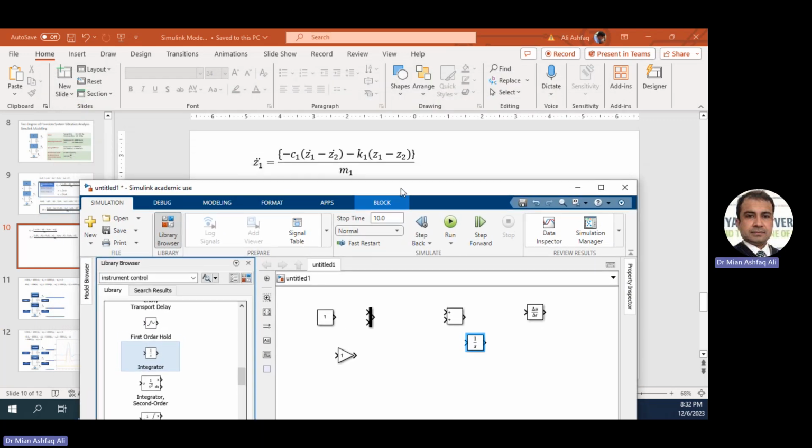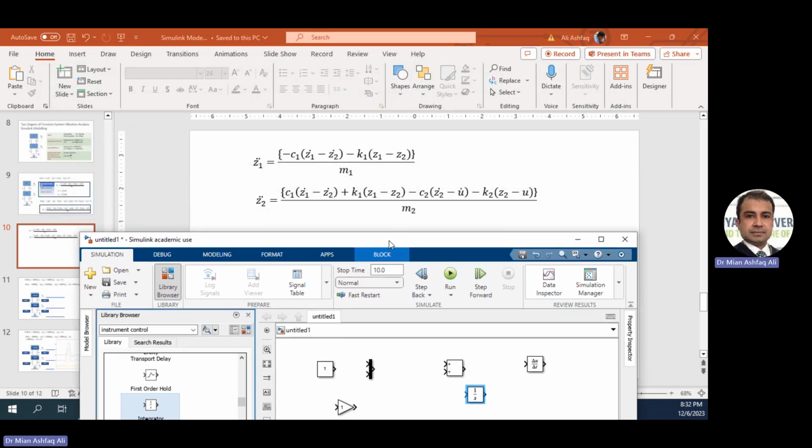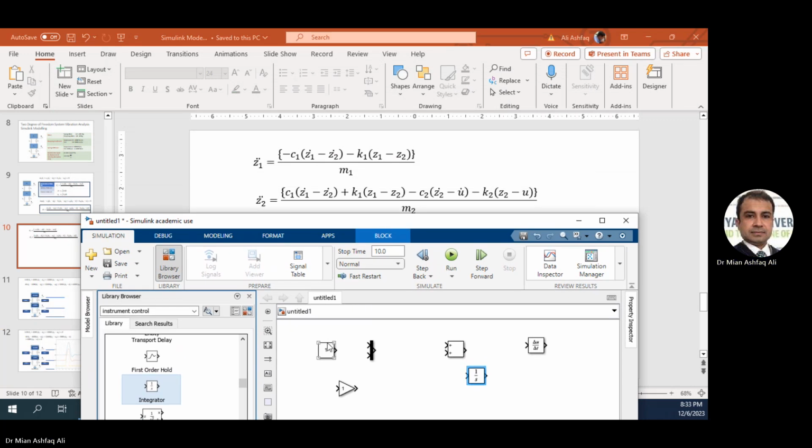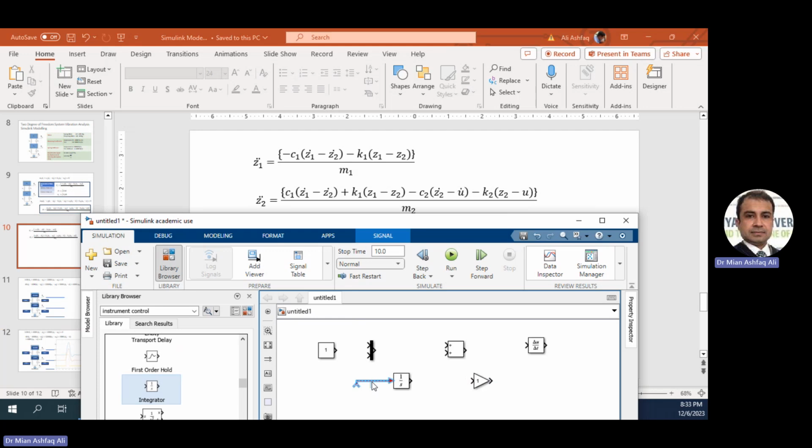Now, just to represent this first equation, I take this signal. Let's say I have a signal which is this one, and this is Z1 double dot.